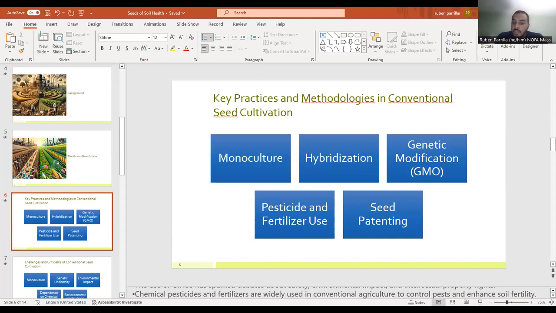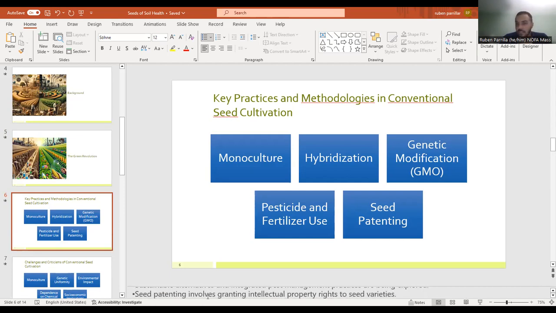Chemical pesticides and fertilizers are widely used in conventional agriculture to control pests and enhance soil fertility. And while these increase yields, they can lead to environmental pollution, soil degradation, and harm to non-target organisms as well. Regenerative practices or alternatives and integrated pest management are some of these management practices that are used to somewhat combat the excessive use of these pesticides and fertilizers.